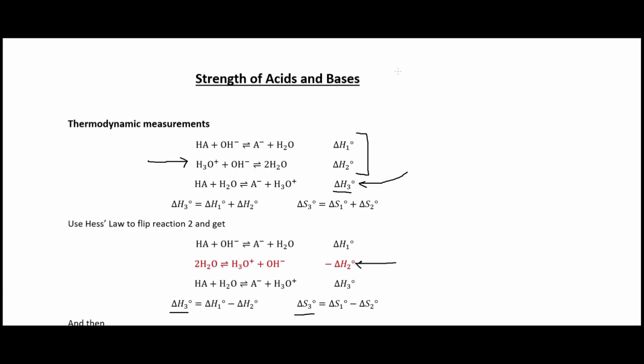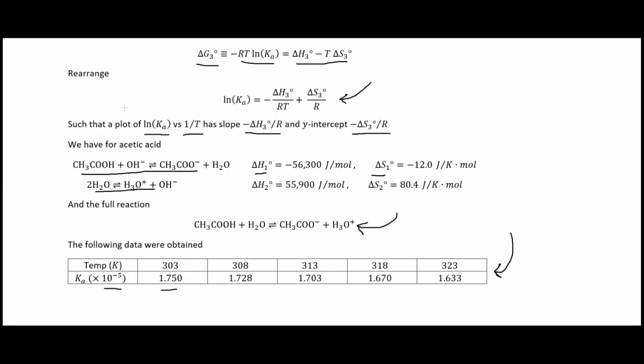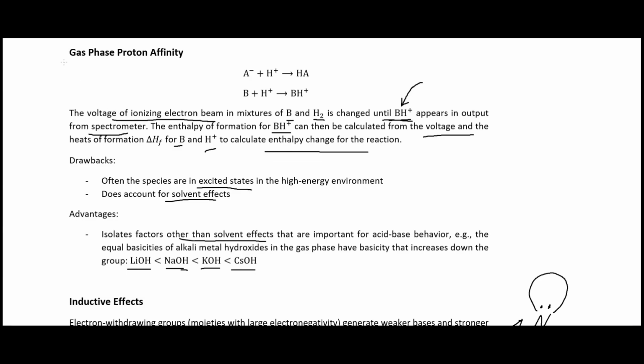It's not always as straightforward as you might learn in a general chemistry class, just about the pKa and pKb. There is the intrinsic or innate strength of the acids and bases, which you can find with thermodynamic measurements and gas phase proton affinity measurements.